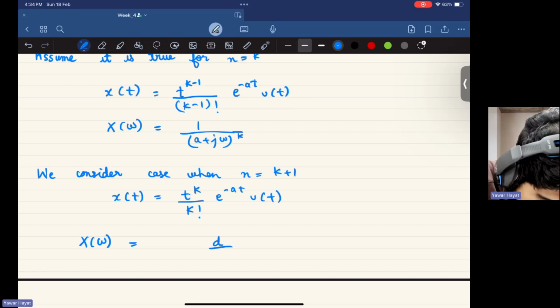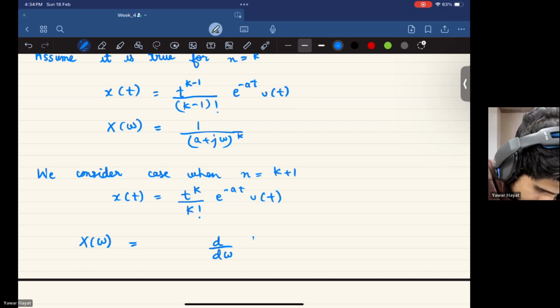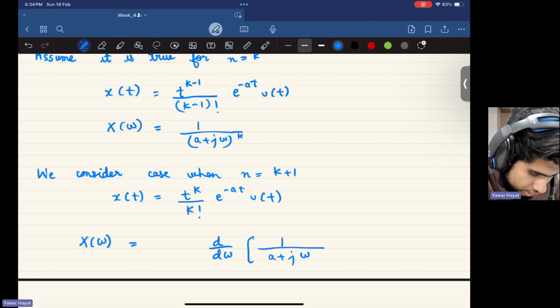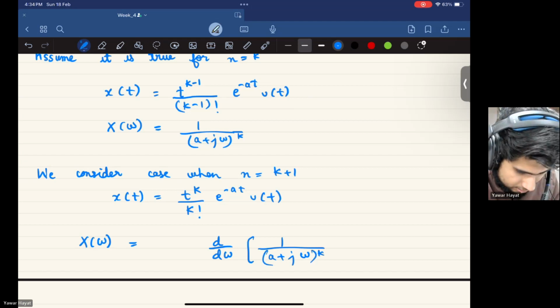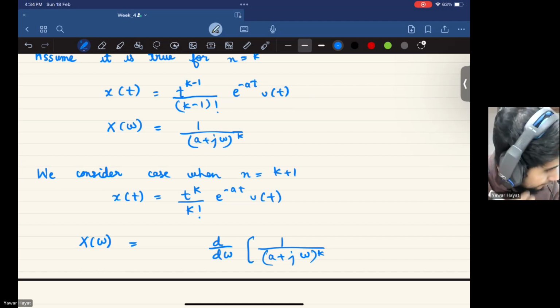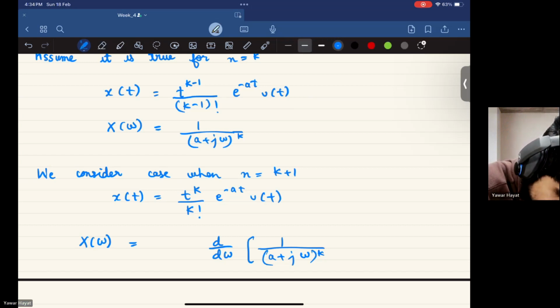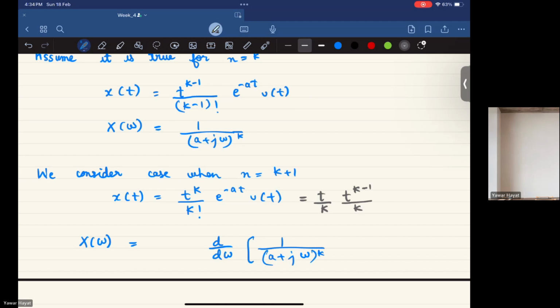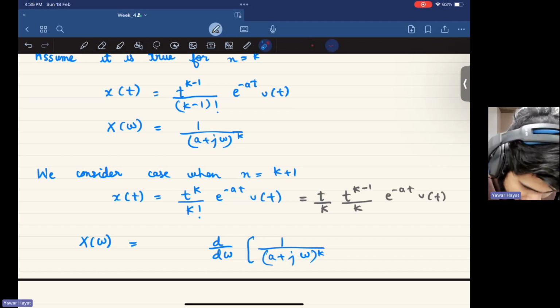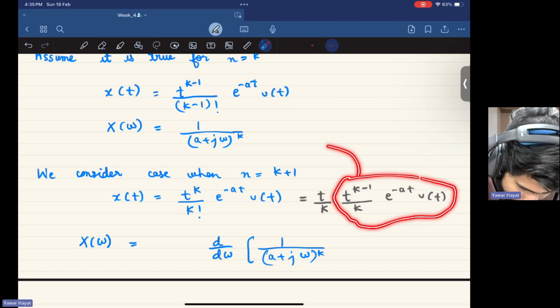This is essentially d by d omega of 1 by (a plus j omega). I hope you understand what I'm trying to do. I've written this in this form. Then I know the result already.